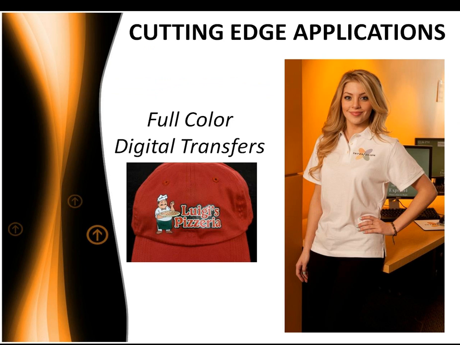Full color digital transfers. We saw the video that Jason did, because it showed you, again, interchangeable platens, but it also showed you a full color digital design and the detail and the color depth that you can achieve with full color digital transfers. And full color digital transfers, again, are heat applied with a heat press, and you can get 16.9 billion colors.